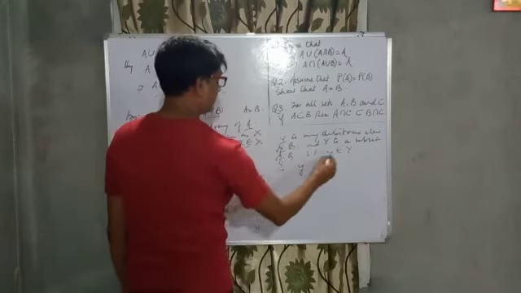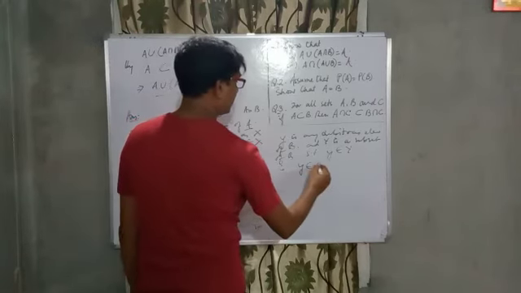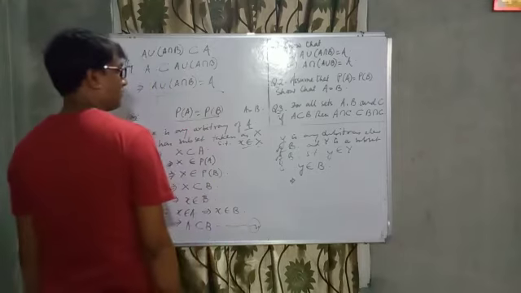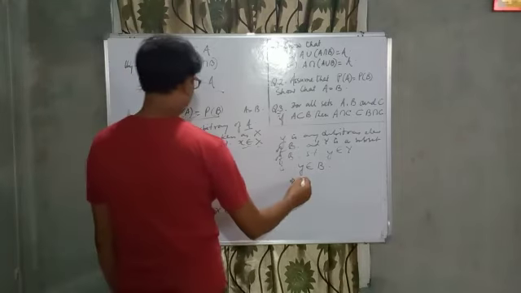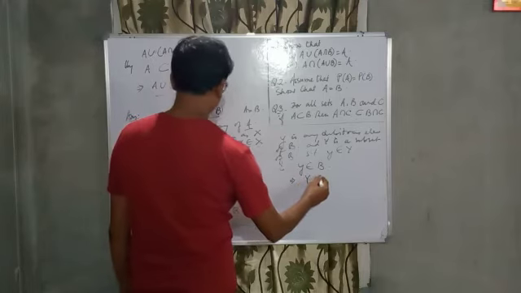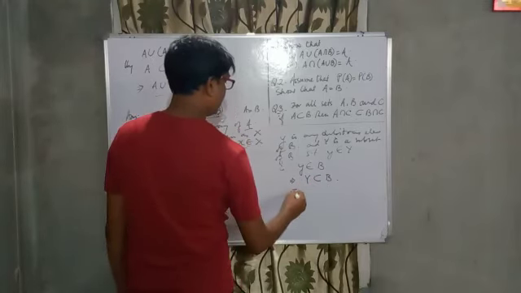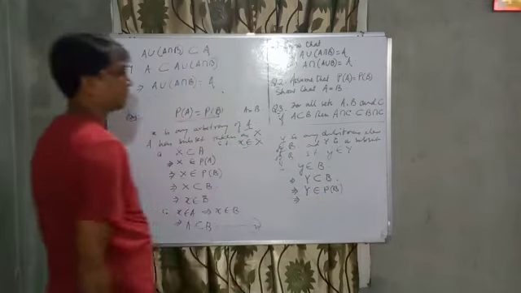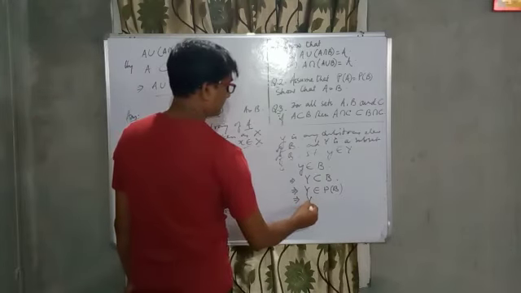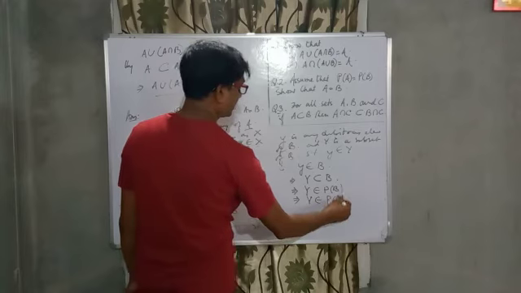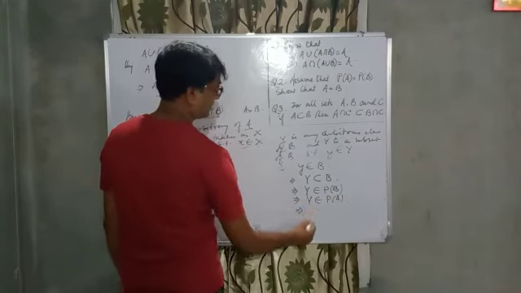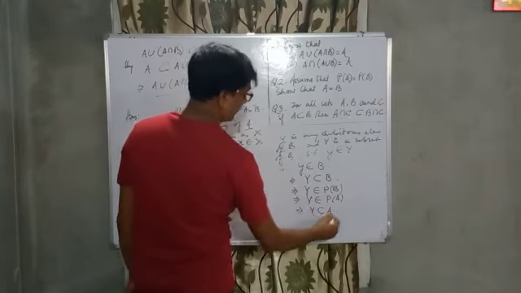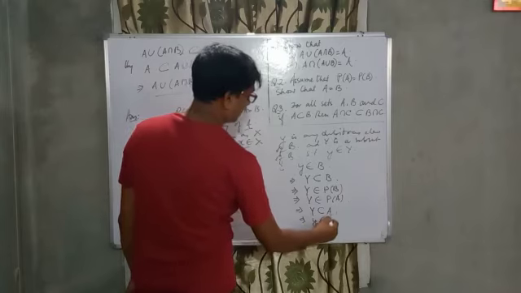That is, if y belongs to {y}, then y also belongs to B. Okay. Then what you can say? {y} is subset of B implies {y} belongs to P(B), implies what? {y} belongs to P(A), as P(A) is equal to P(B), implies what? {y} is subset of A. That implies small y belongs to A.